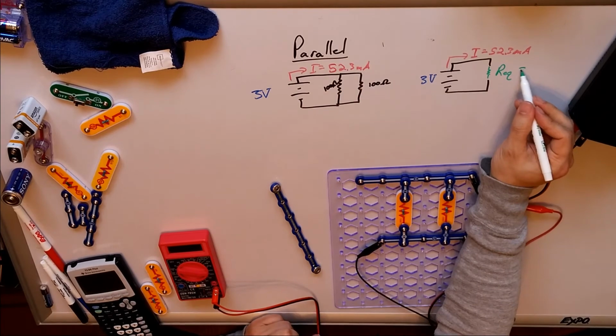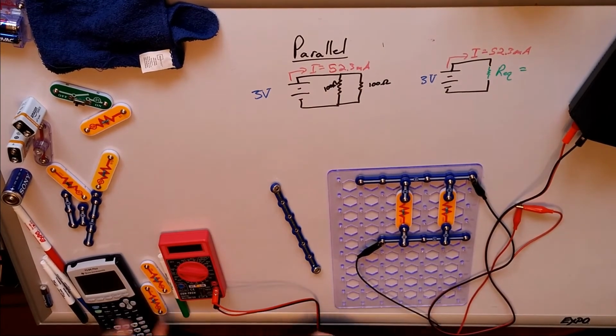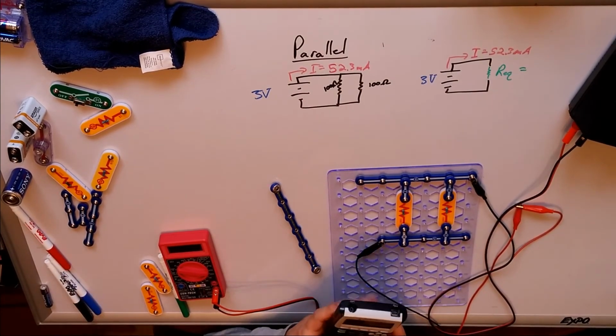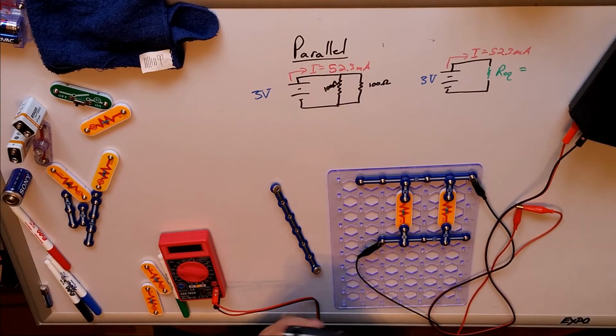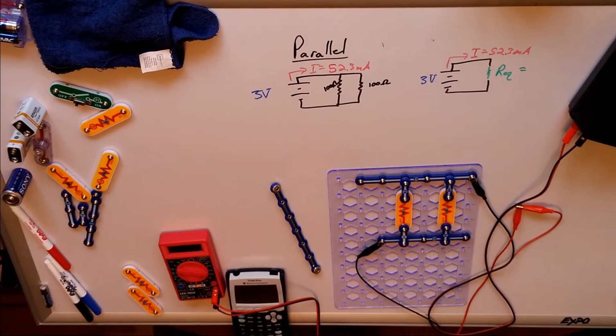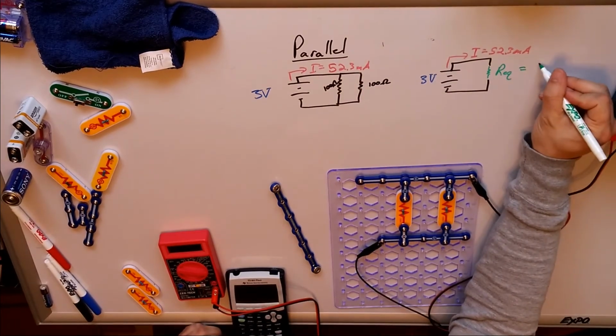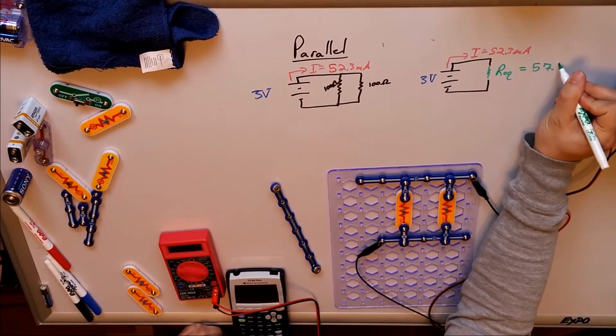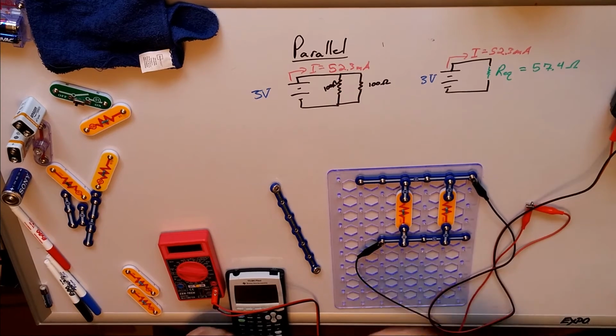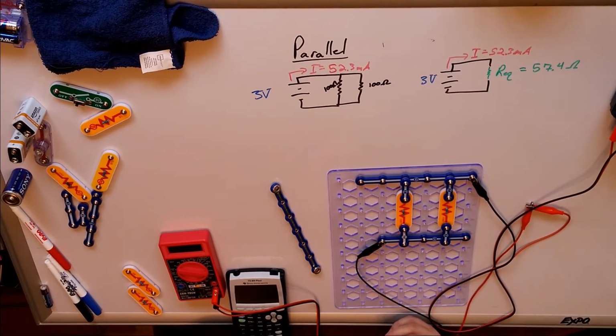For this very first one with the two 100s, 3 volts divided by 0.0523 gives me an equivalent resistance of 57.4 ohms. A little over 50, almost 60.